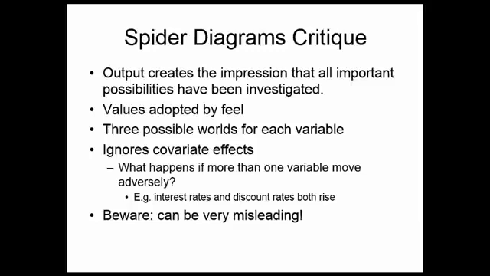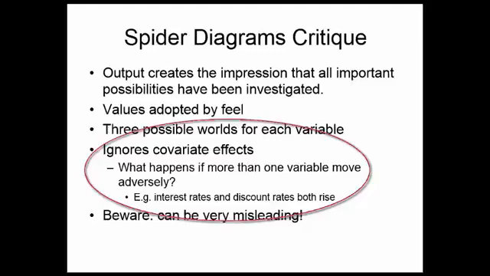Likewise, although the spider diagram does do a nice job of bringing all the variables onto one graphic presentation, it totally ignores the covariate effects. What happens, for instance, if more than one variable moves adversely?